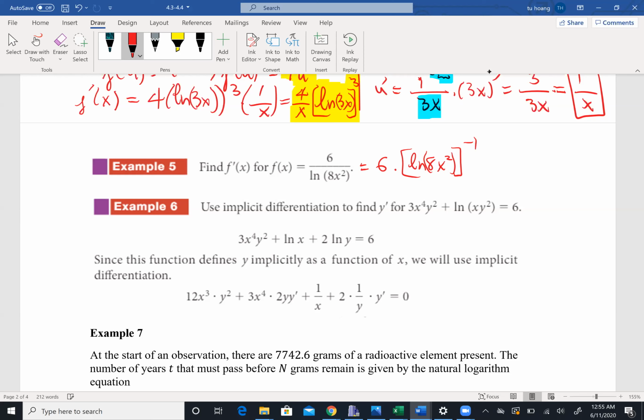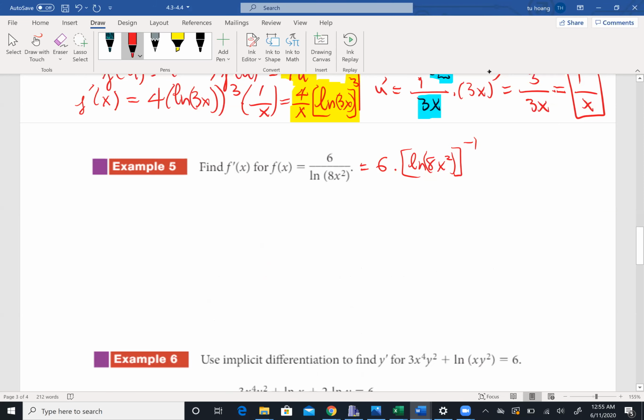So okay, now it looks nicer to me, and I would like to say let the inner right now be u equal to ln of 8x squared, and again this is a composition function of natural log.